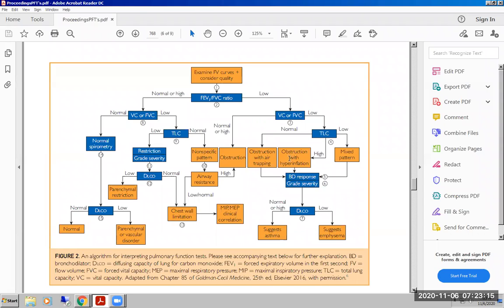If you're coming down the obstruction pathway and you've got a normal or high DLCO versus low, that helps you determine, in addition to the bronchodilator response, if there's fixed obstruction or if there's reactive or modifiable obstruction.